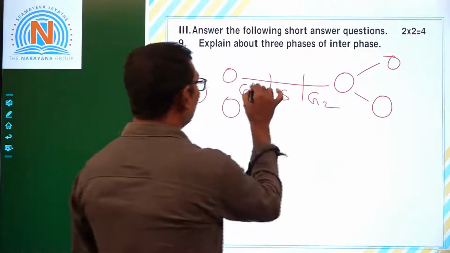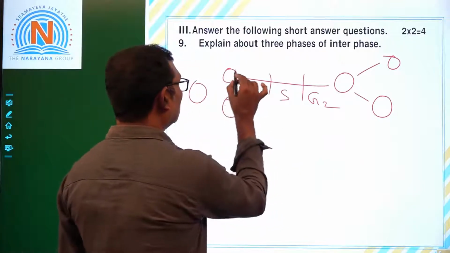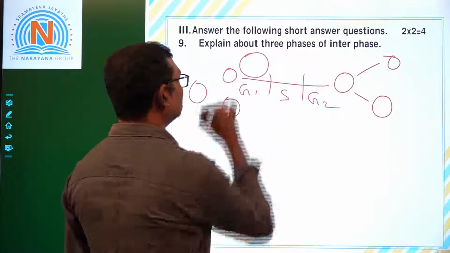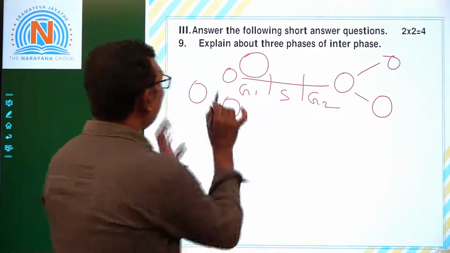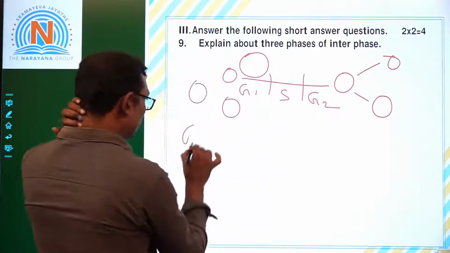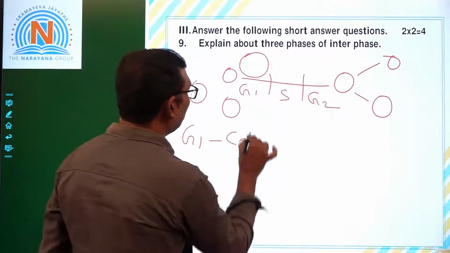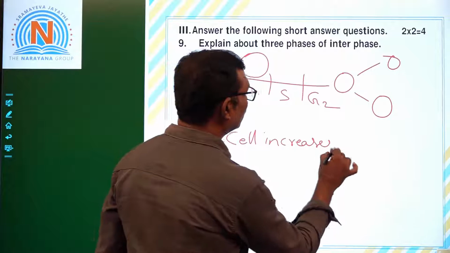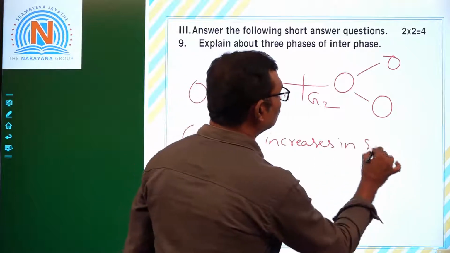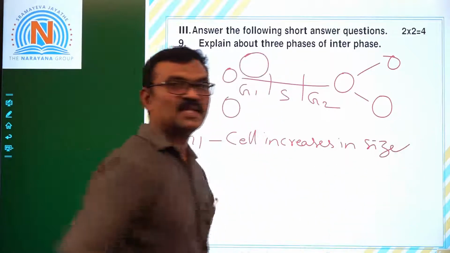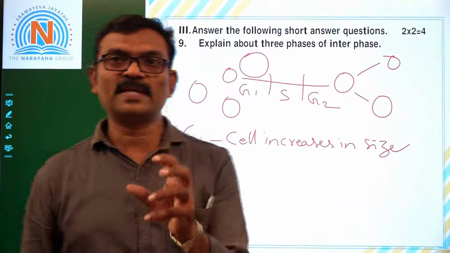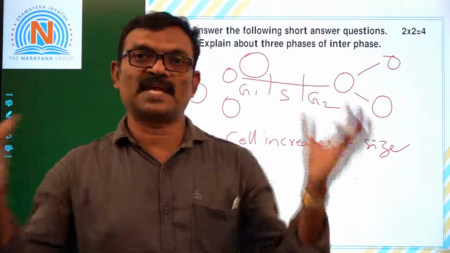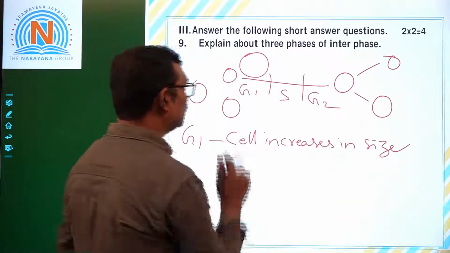During G1 phase, the daughter cell increases in size. When the cell is increasing in size, automatically the cytoplasm also multiplies. That takes place during G1 phase.